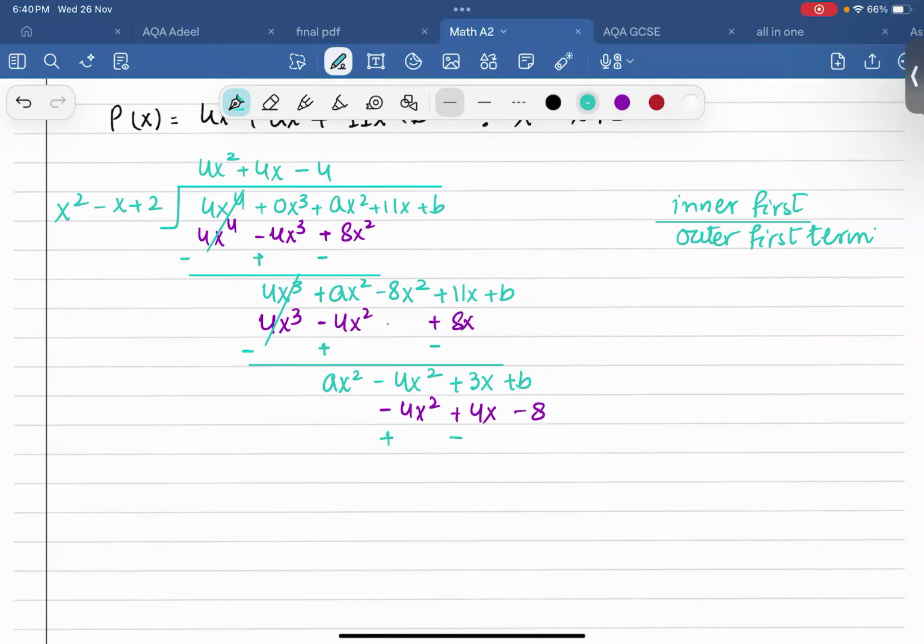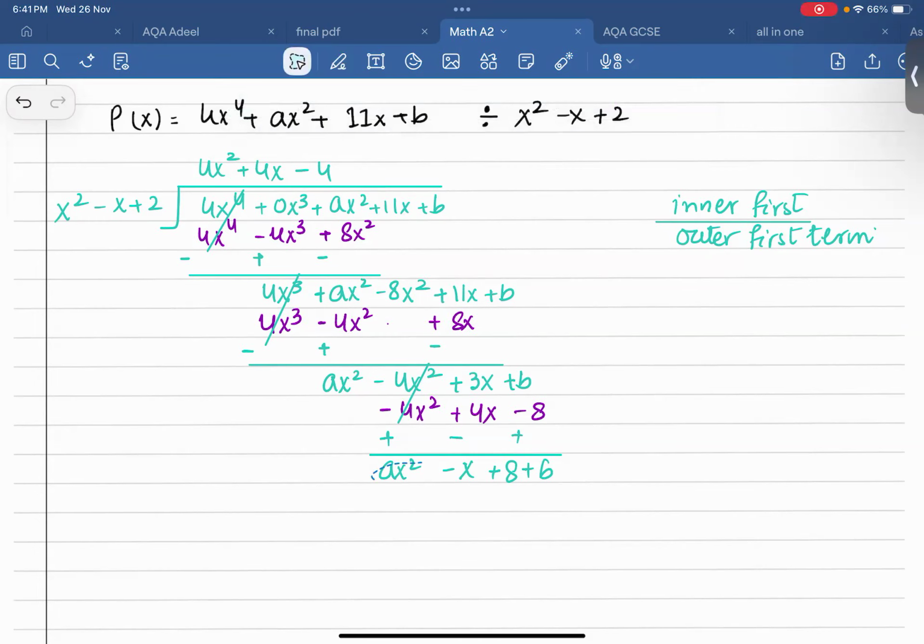So this goes off, okay. Ax squared and then minus x plus 8 plus b, right?